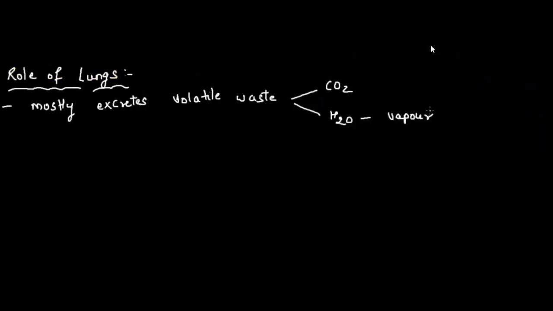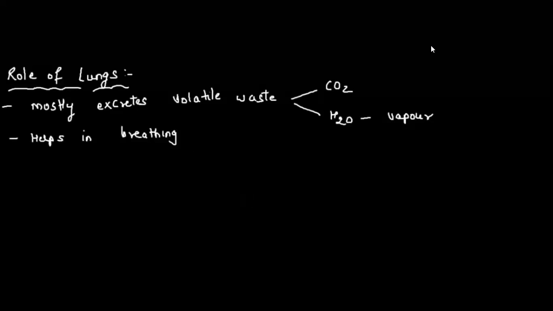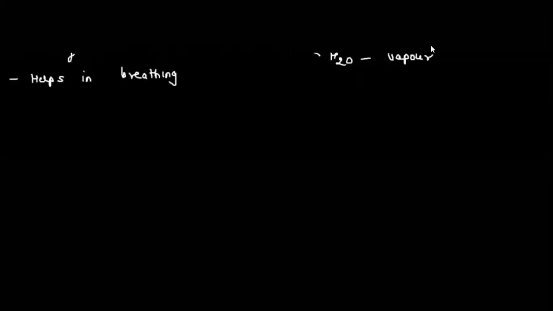Volatile waste means waste which is not in liquid form. Carbon dioxide and water come out in the form of vapor. Carbon dioxide goes out as gas. Because of the lungs we are able to breathe. So this is an excretory organ involved in excretion. Lungs also play a very important role in excretion.